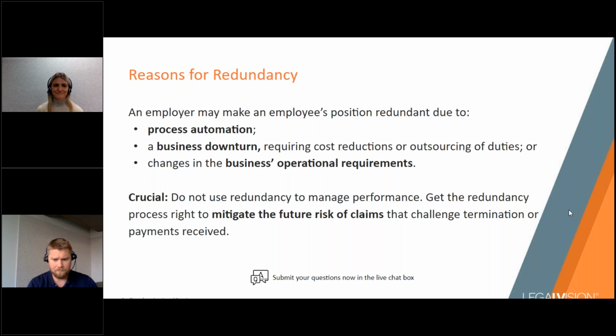Very commonly, and probably relevant at the moment, are things like a downturn in business where you're ultimately just going to need to get your payroll costs down. Or otherwise, you might be getting rid of a role when you're looking at outsourcing duties, so getting a third party to perform the work that's being done by your employees. And then other just general changes in your business operations, which you might want to implement purely for the reason of efficiency.